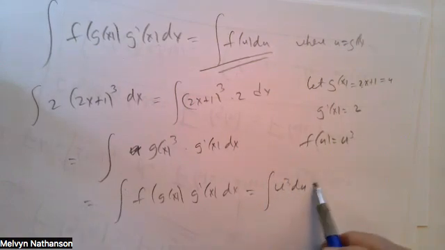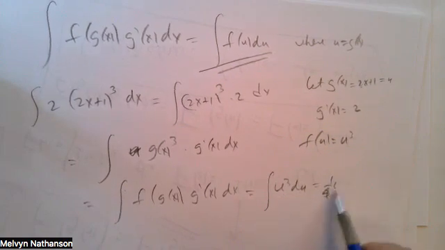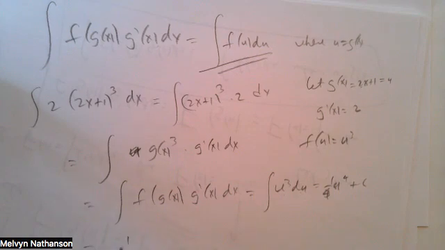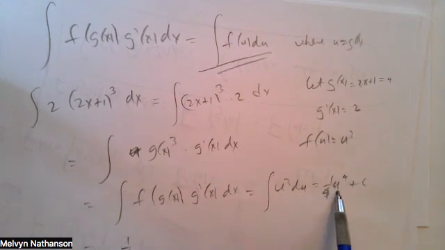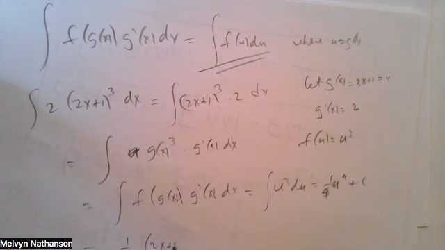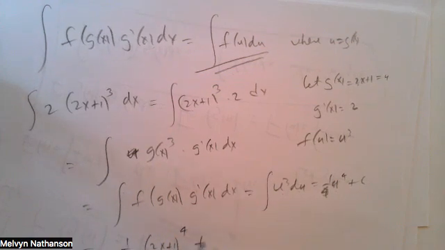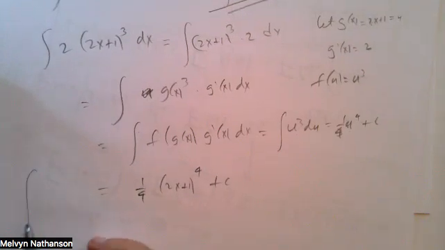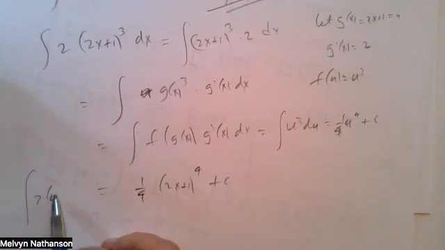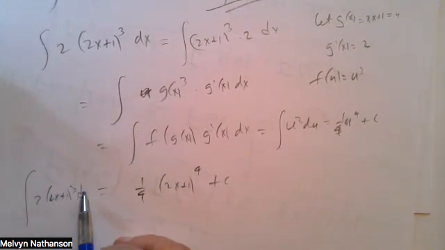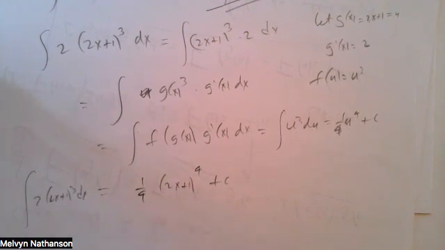But I know this integral. This is just 1/4 u to the 4th plus a constant, and u is 2x plus 1. We get 1/4 (2x plus 1) to the 4th plus a constant. So I have the integral of 2 times (2x plus 1) cubed dx is equal to this.